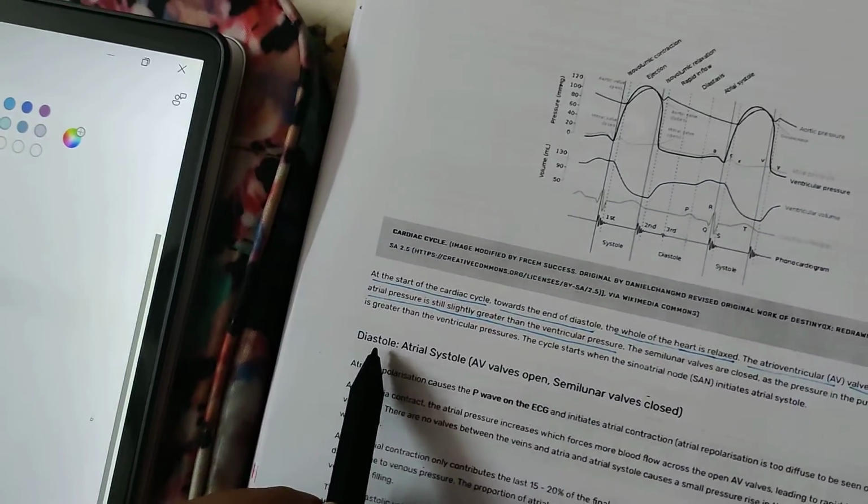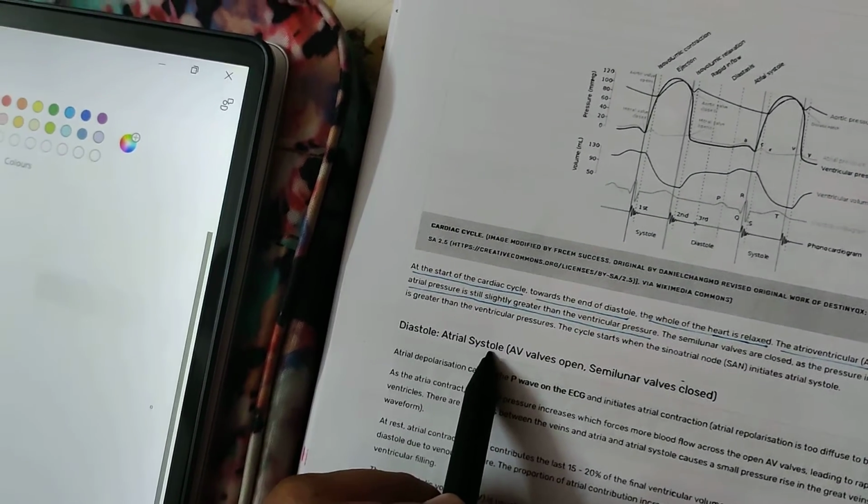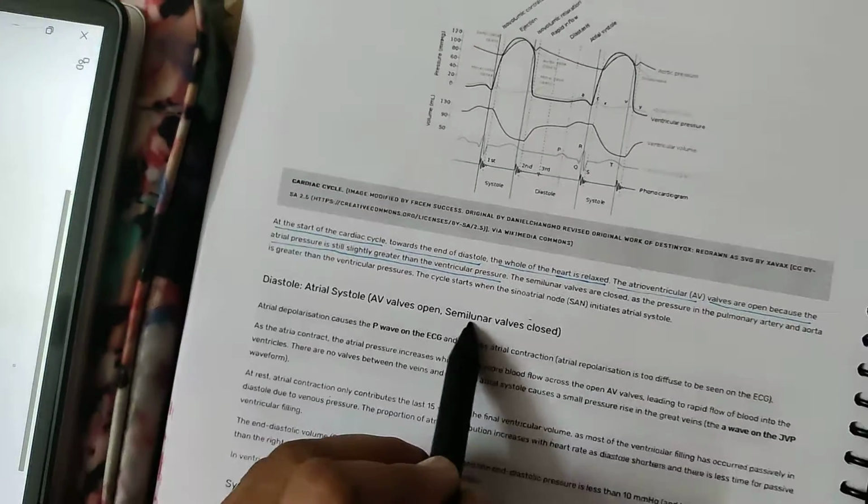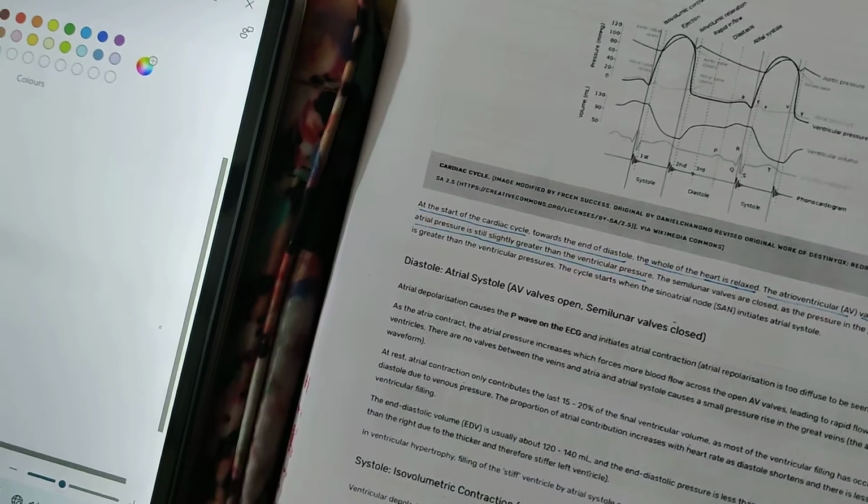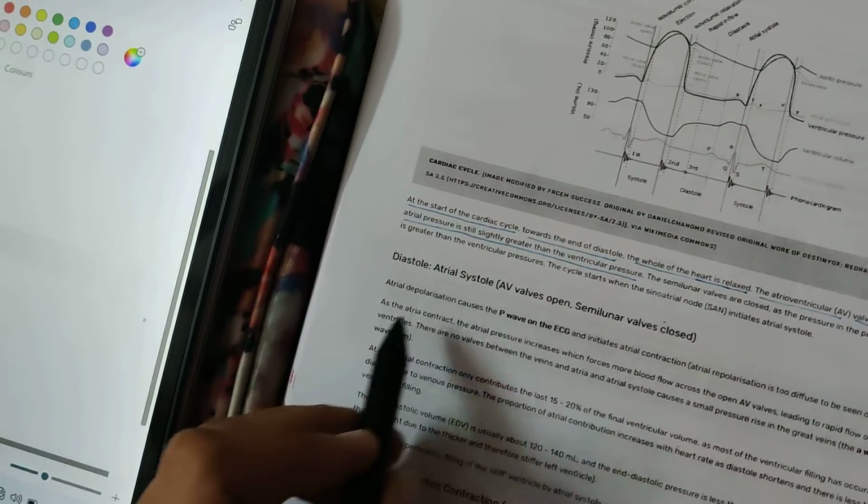Now, atrial systole: the AV valves are open and the semilunar valves are closed. So what happens in atrial systole?